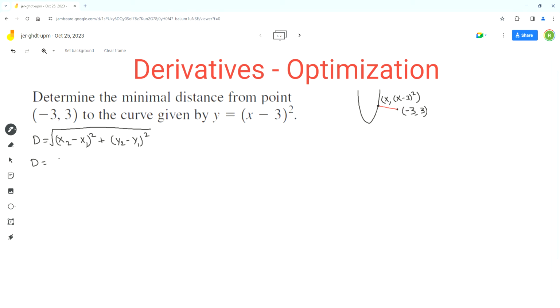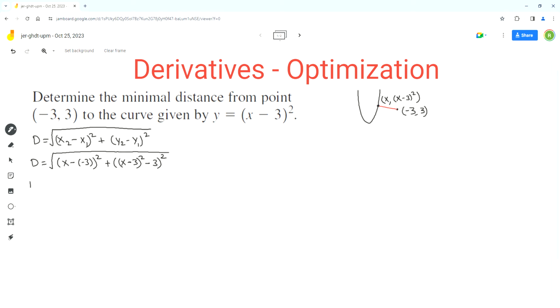So we get (x - (-3)) squared plus ((x - 3) squared - 3) squared, and now we put the square root. So this is the expression for the distance between these 2 points.